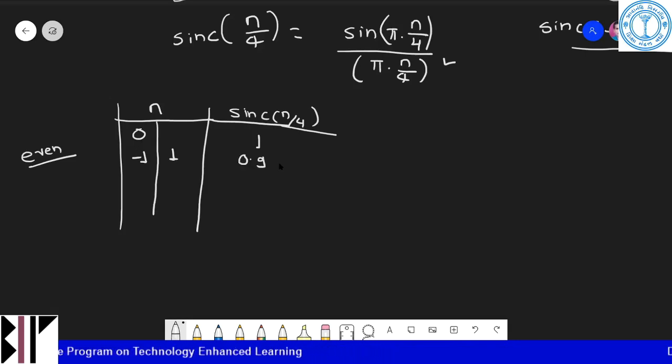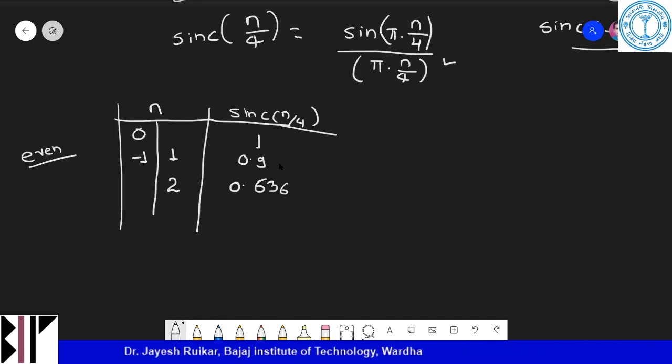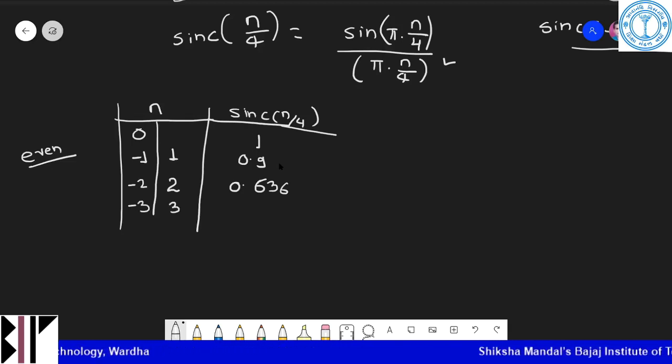When you put n equal to 2, your sinc value is 0.636. Okay, you have to use a calculator for this value. For -2, it is also the same value. For -3, or +3, the sinc function value is 0.3.